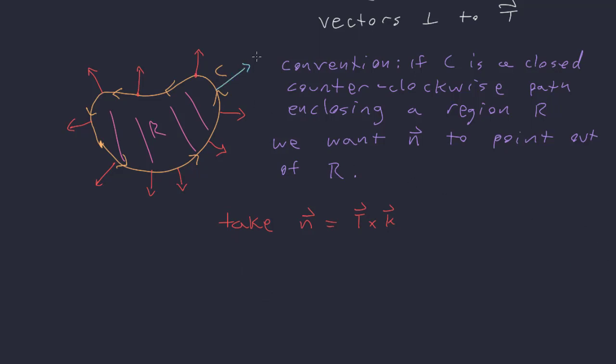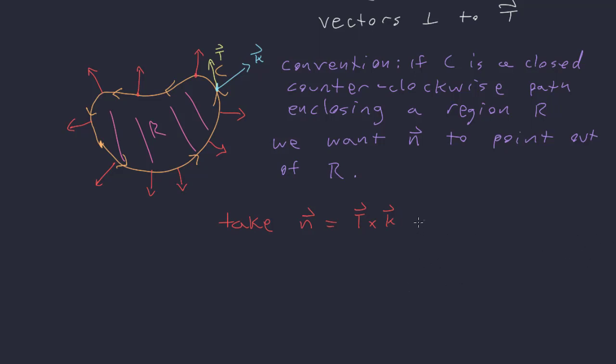Remember, k is always pointing in the positive z direction. So based on the right-hand rule, with how T behaves, this is always going to produce the vector in the direction that we want.